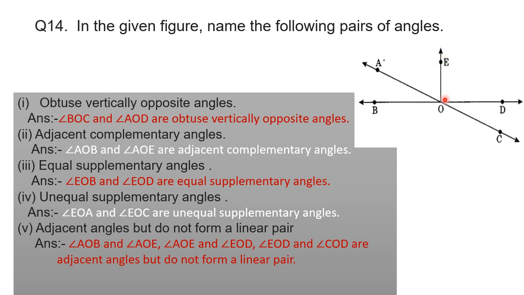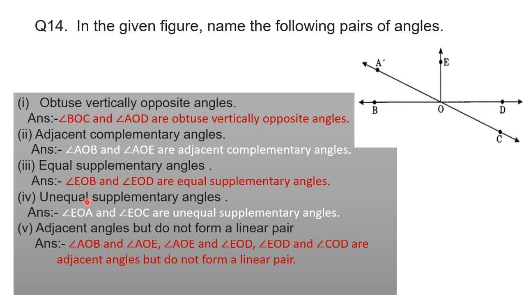So by this line OE, which is perpendicular on the BD line, the left side part of the OE line and the right side part of the OE line are the same, that is 90 degree. So BOD has two angles, angle BOE and angle EOD, both are equal and they are supplementary angles. So we can say EOB and EOD are equal supplementary angles.